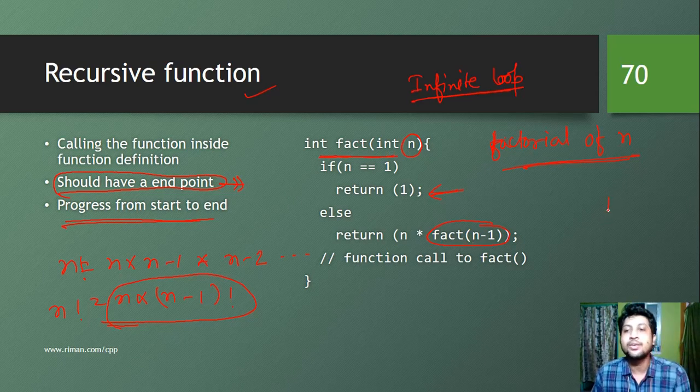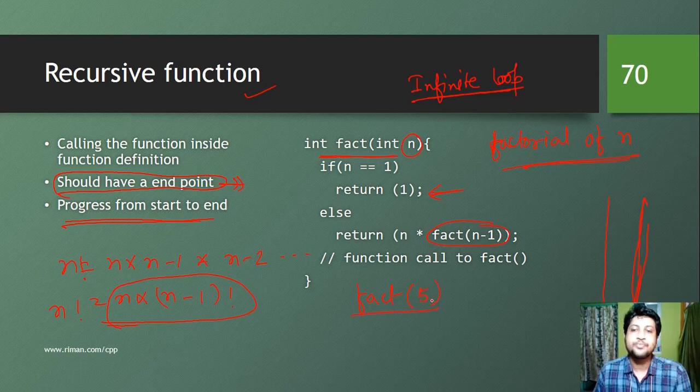So what is happening here, the compiler or the CPU is actually using the stack area to run this particular type of code where they calculate n multiplied by... Suppose you are trying to call fact 5.